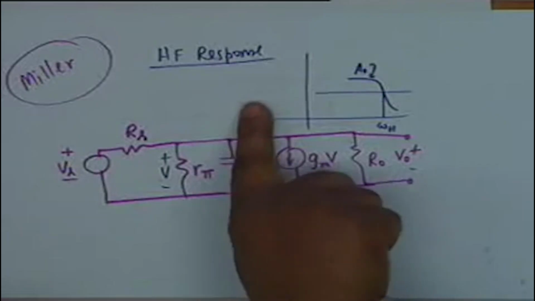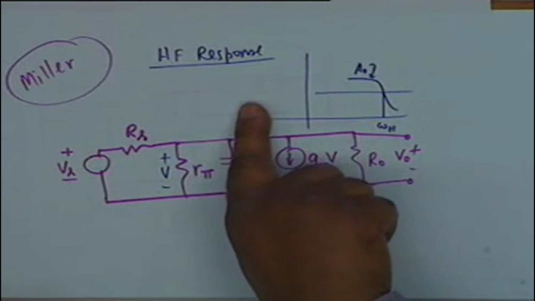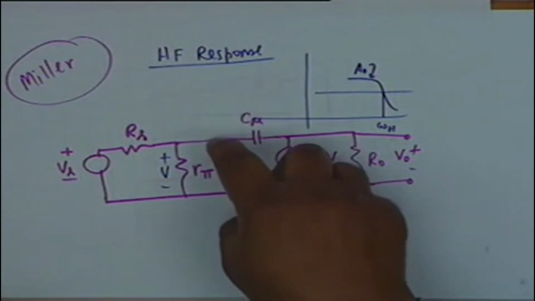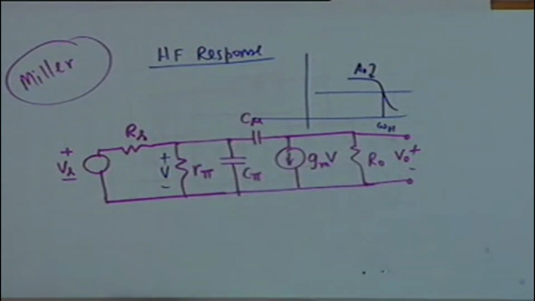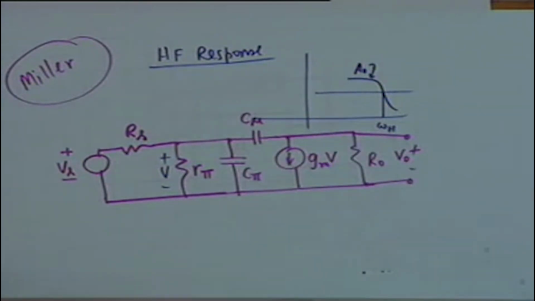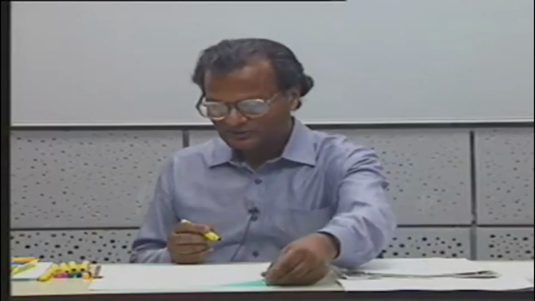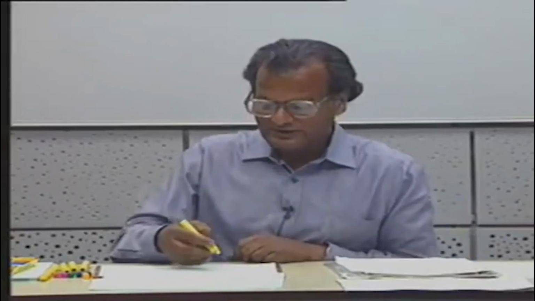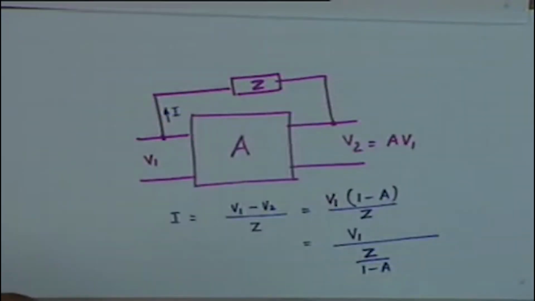So he said, can I replace this bridging impedance by an equivalent impedance at the input and an equivalent impedance at the output? This is what he argued. And so what he said is, what does this bridging impedance do? Well, it extracts an additional current I. If I can account for this current, then obviously the bridging impedance can be ignored as far as the input is concerned.